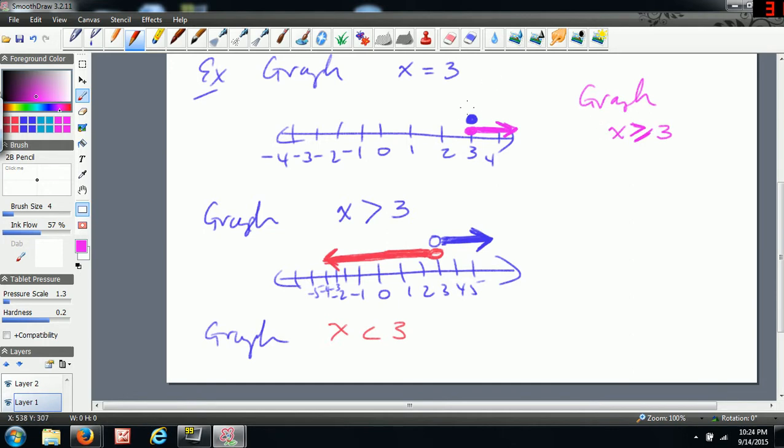So x is equal to 3 would just be a point at 3 on the number line. And then x is greater than or equal to 3 would be a shaded in point with an arrow moving to the right. And then x is greater than 3 would be an open circle to the right. And then x is less than 3 would be an open circle and to the left. Okay?